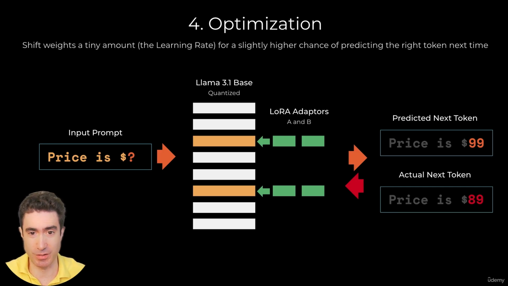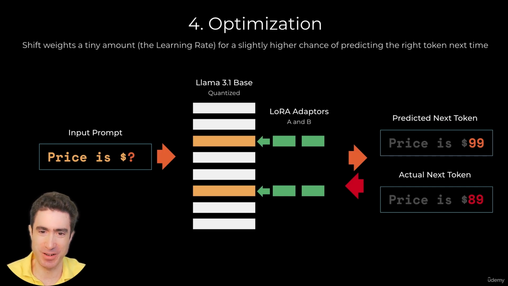And that, of course, is how these big companies like Meta trained Llama 3.1 in the first place. And they've spent significant amounts of money doing it, which we don't have easy access to, which is why we're using our LoRA adapters instead.